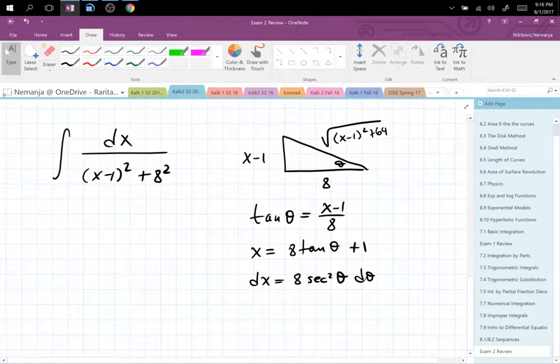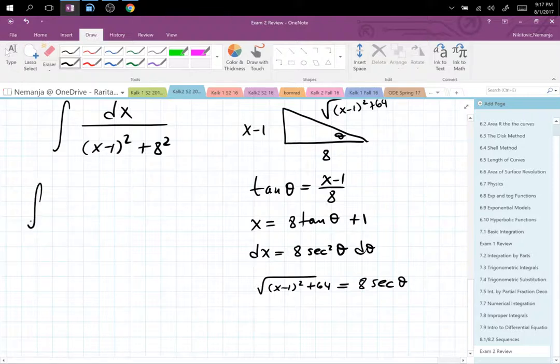And then you have your cosine to get the square root, which would be secant, right? So cosine is 8 over this, so 8 secant there. The square root of x minus 1 squared plus 64 is equal to 8 secant theta.